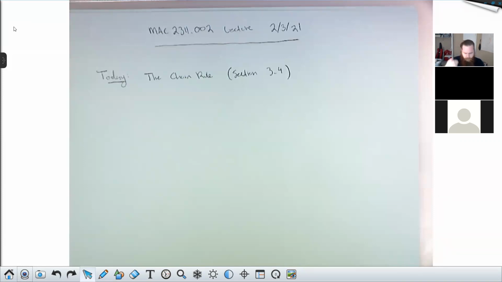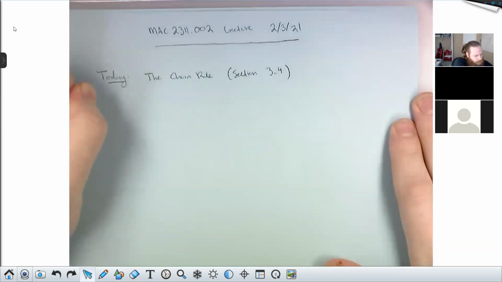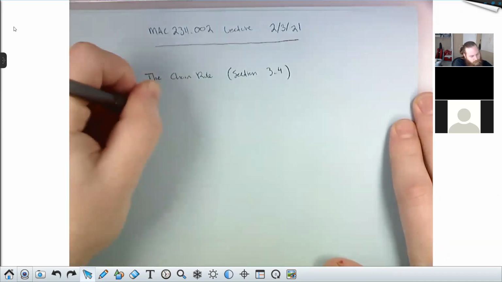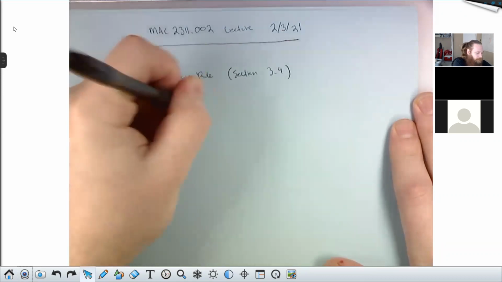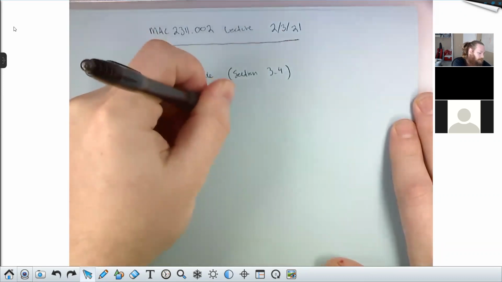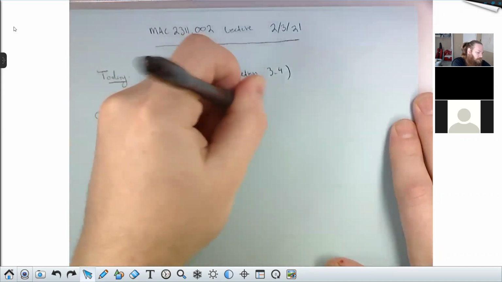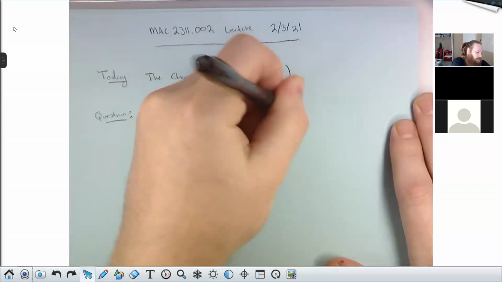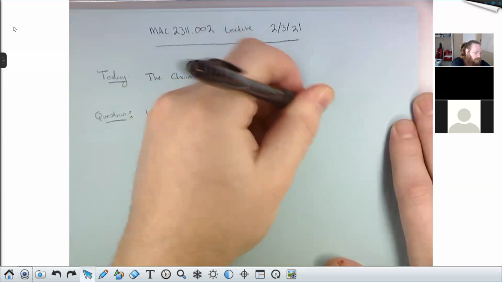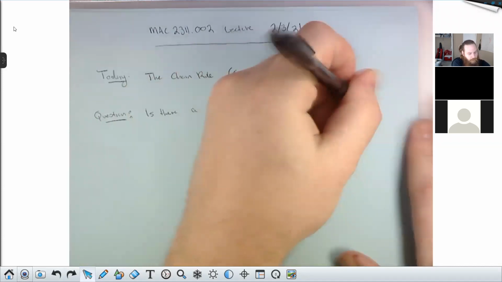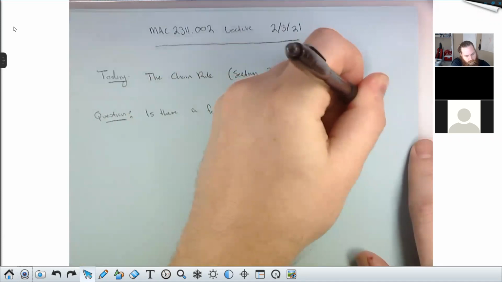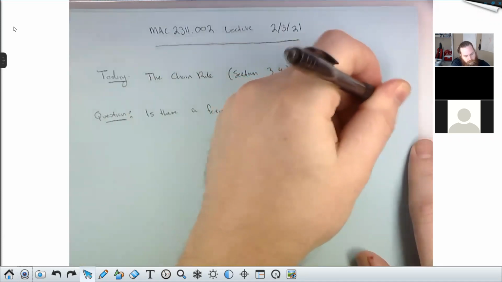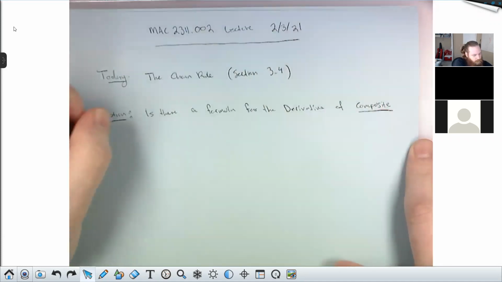So in order to kind of warm you up for this, I'm going to go back over a little bit what we did. The question: is there a formula for the derivative of composite functions?